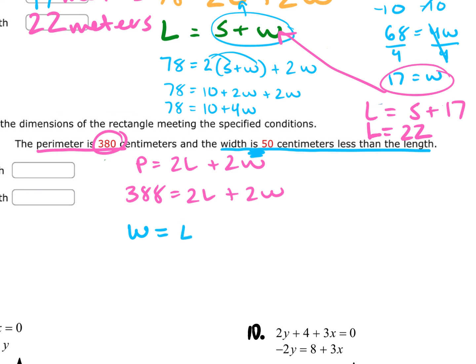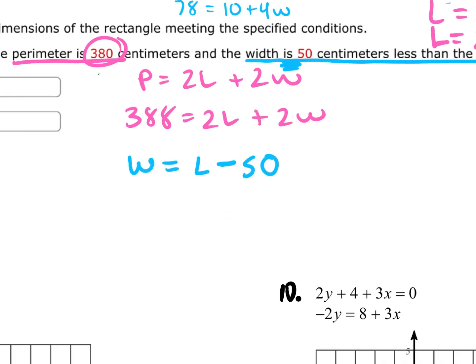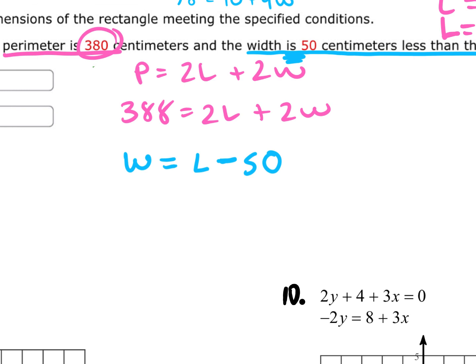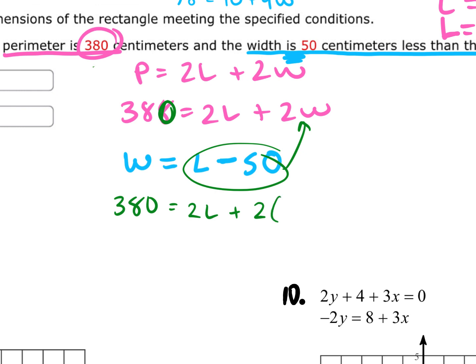So we'd say the length minus 50. Now we're going to plug it into W. Since we have W already all by itself, it's isolated, we're going to plug that into W. So we have 380 is equal to 2L plus 2 times L minus 50.